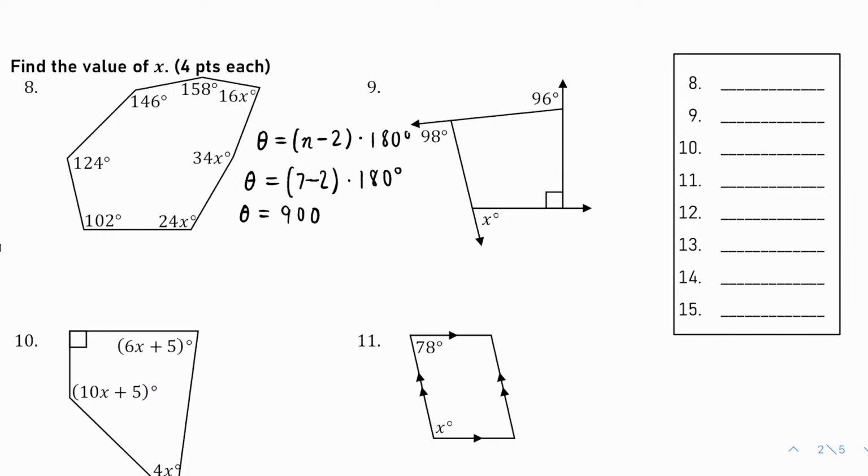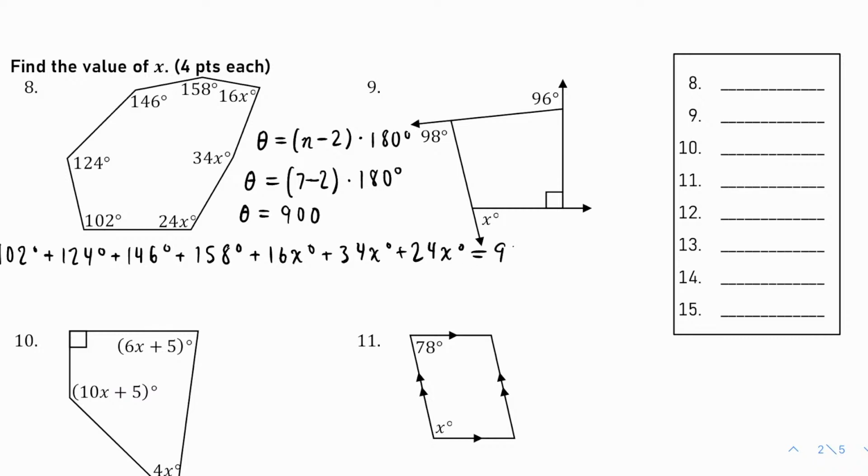So we know that 102, I'm starting in this corner and going around, 102 plus 124 plus 146 plus 158 plus 16x plus 34x plus 24x equals 900 degrees.